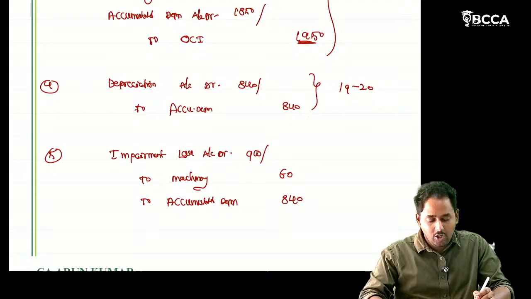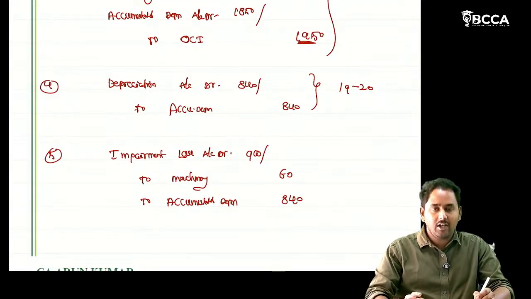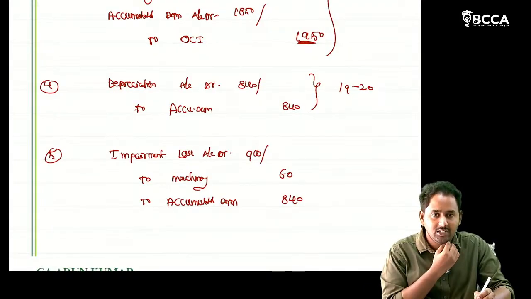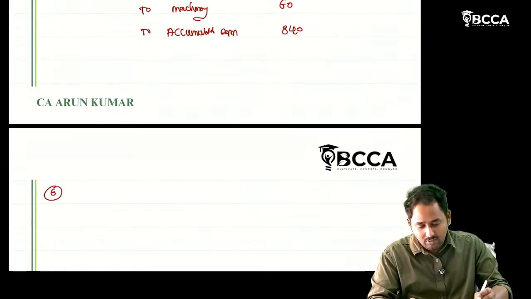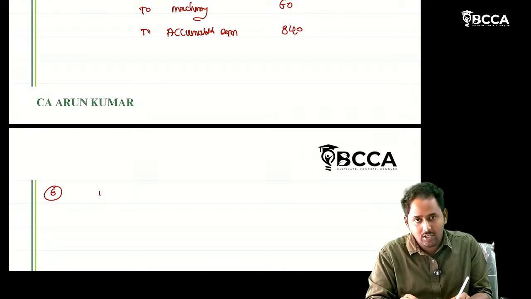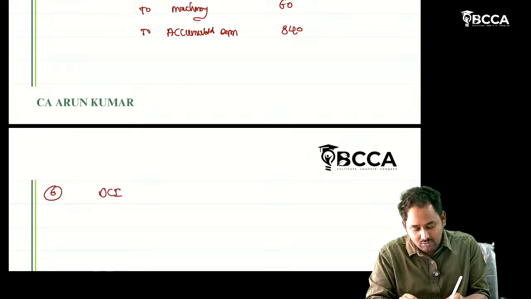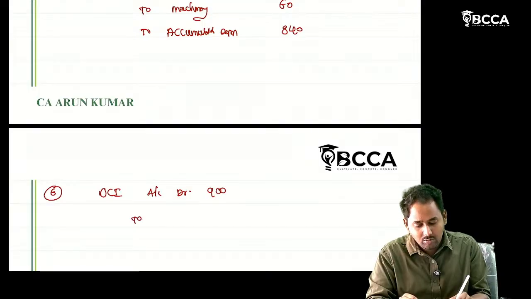So first the loss should be set off against revaluation. The loss should be set off against OCA, and the remaining should be transferred to P&L. What is the loss here? 900. So it should be set off against OCA. OCA account debit to 900, to impairment loss 900.